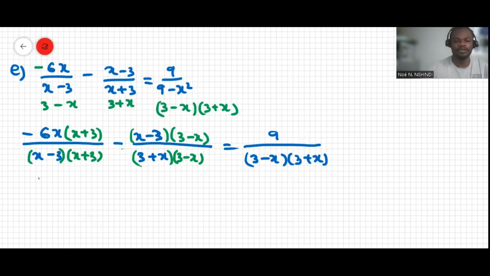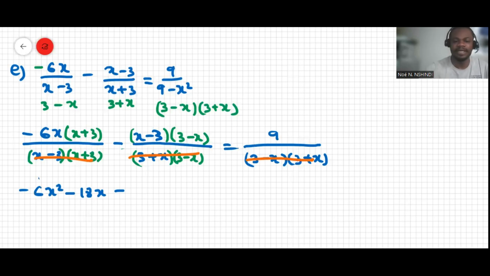Now at the numerator here, it makes negative 6x squared minus 18x. Because the denominators are common, we can just drop them. Over there we do x times 3 minus x.